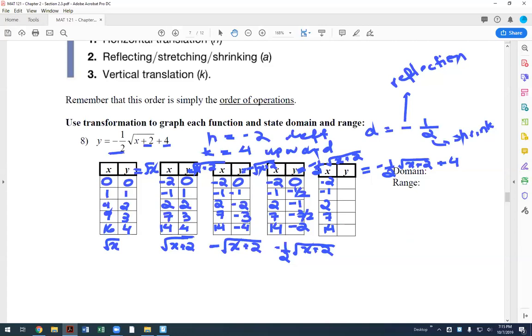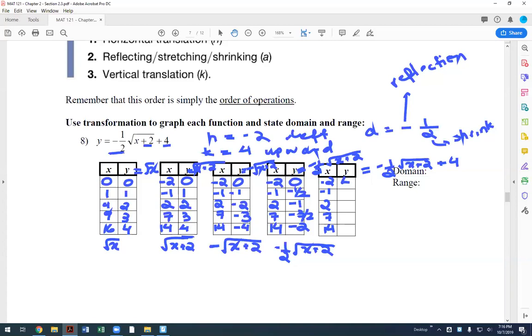From that fourth table to the last one, how do I change my y values? To all the y values, you are adding 4 now. So you are literally taking these values from the second to last table and adding 4.